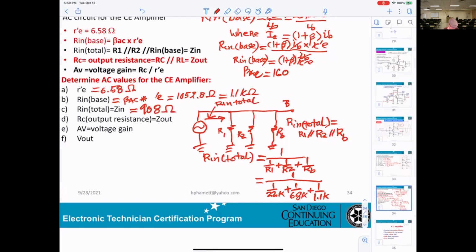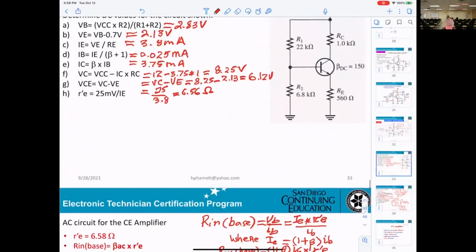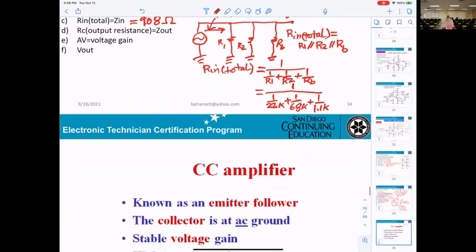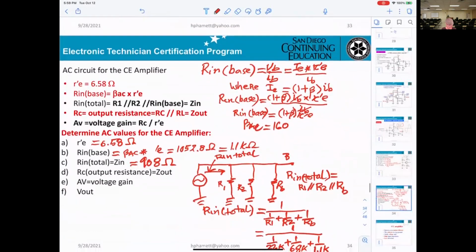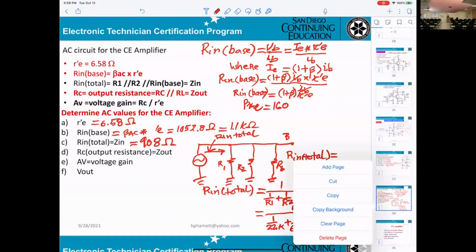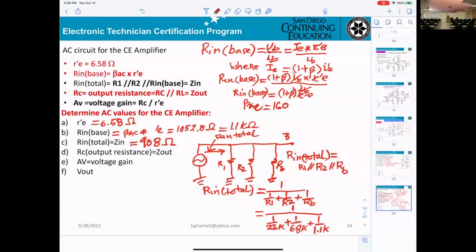The thing I want you guys to calculate is the output resistance. That is really missing on page 34.